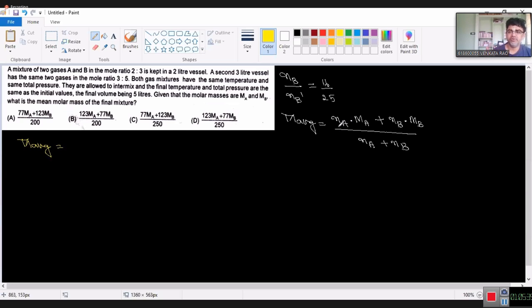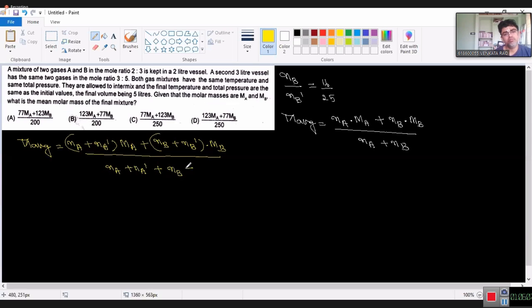In both the vessels we have A, so we can write total moles of A, Na plus Na dash, into Ma, plus total moles of B, Nb plus Nb dash, into Mb, divided by the total moles, Na plus Na dash plus Nb plus Nb dash. Now simplify, you'll get the answer.